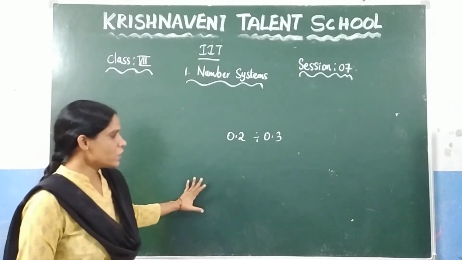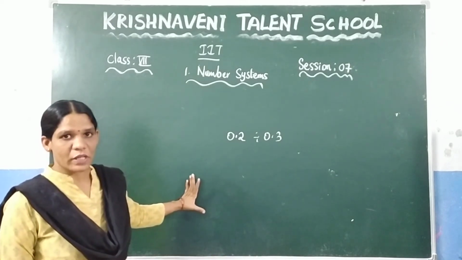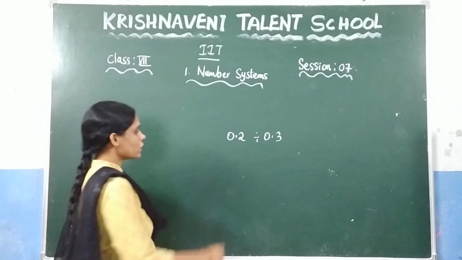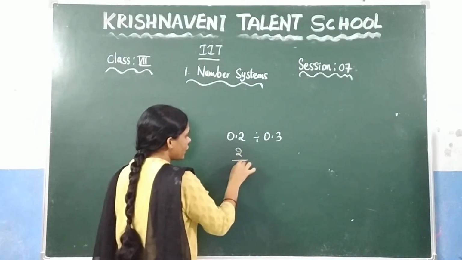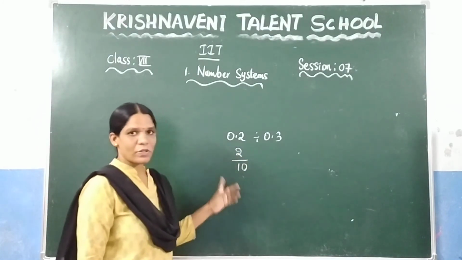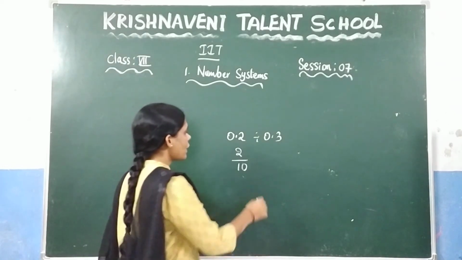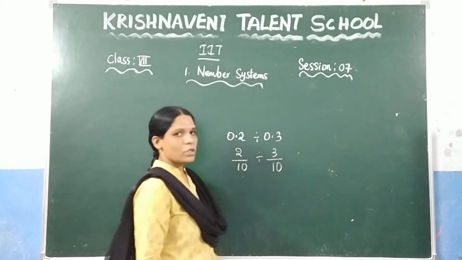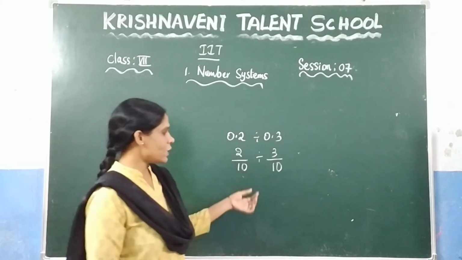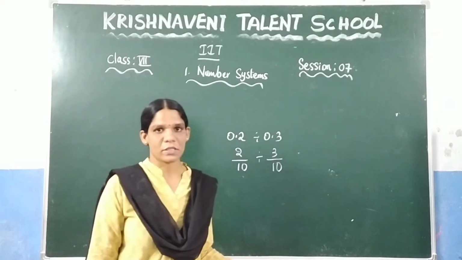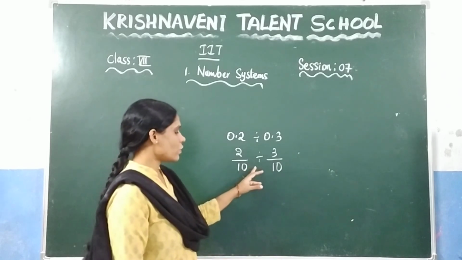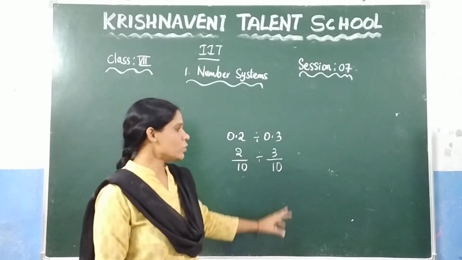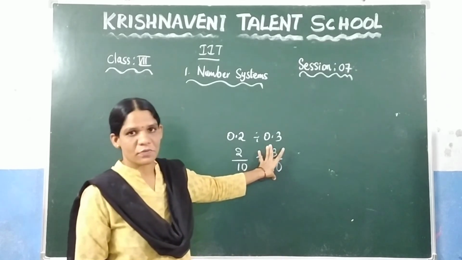Now this one you can write in the form of a fraction. So this one you can write as 2 by 10, right? Because after the decimal point one number is there. And similarly this one you can write as 3 by 10. Now you can change the operation division into multiplication. For that you need to write the reciprocal of the next fraction.